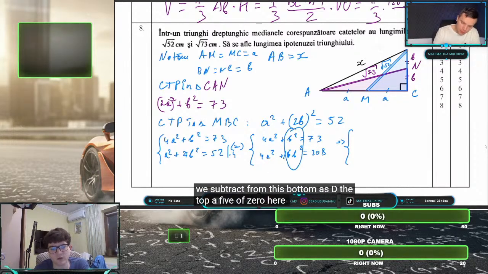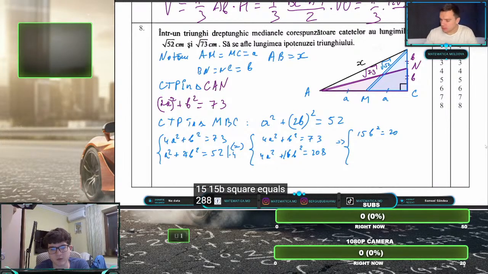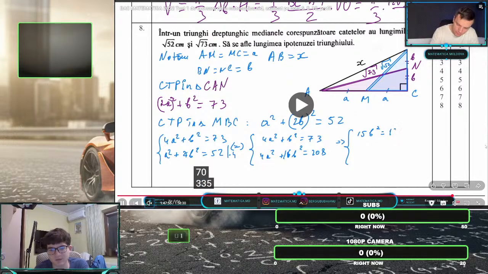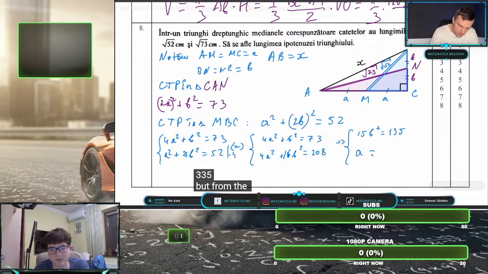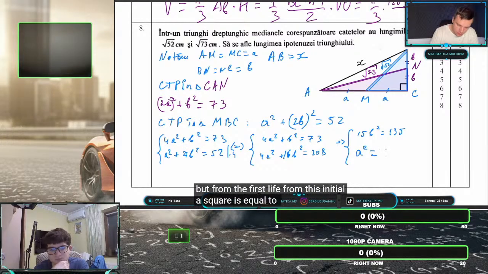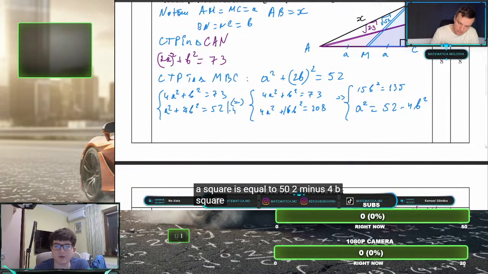Now we can just cancel that out for a to the second power, and then we got 15 b to the second power is gonna be... why 20? 135, because we subtract it out, and so a to the second power is gonna be 52 minus 4 times b to the second power.